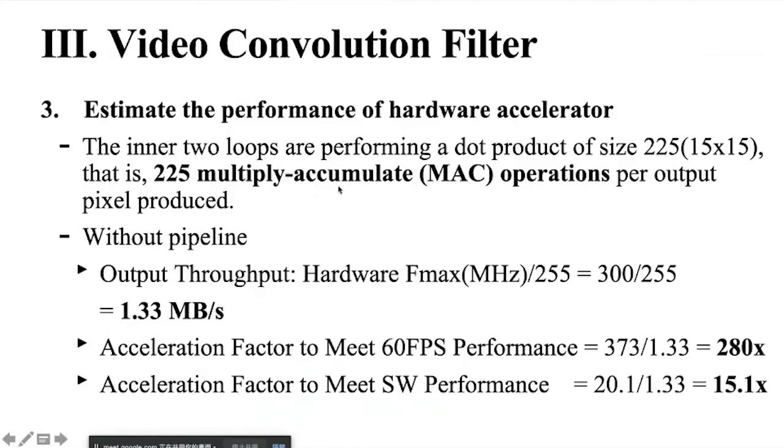So this is the estimation of the performance of the hardware accelerator. Without pipeline, the output throughput is only 1.33 million bytes per second, since for each output pixel produced, it needs 225 cycles, and the maximum frequency in the hardware is 300 MHz.